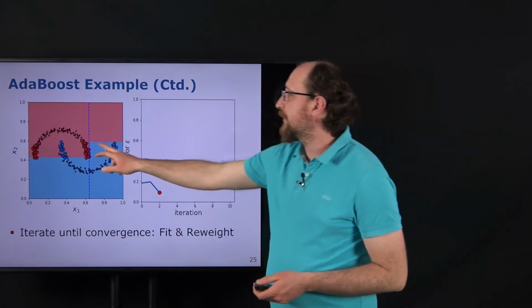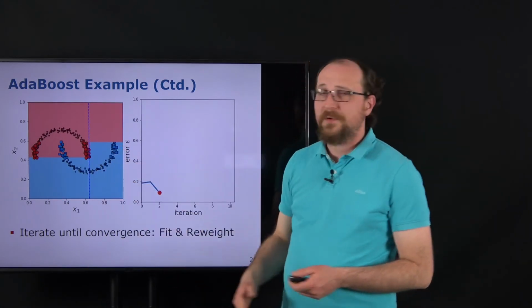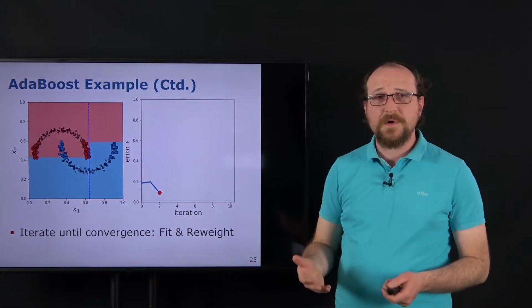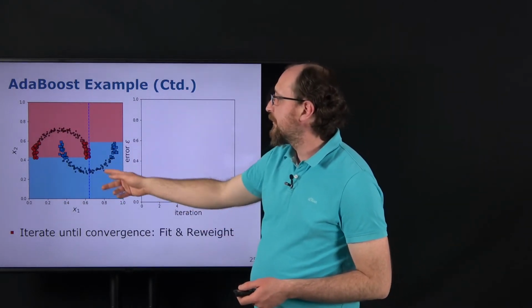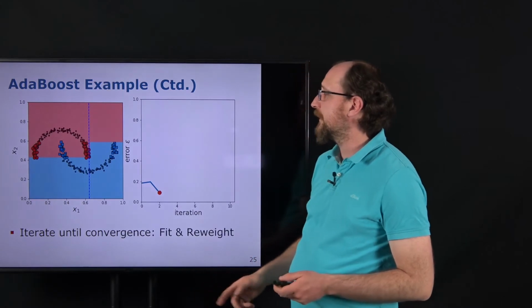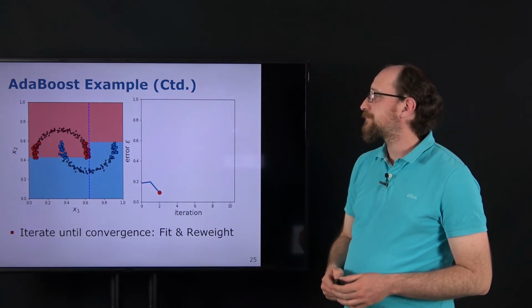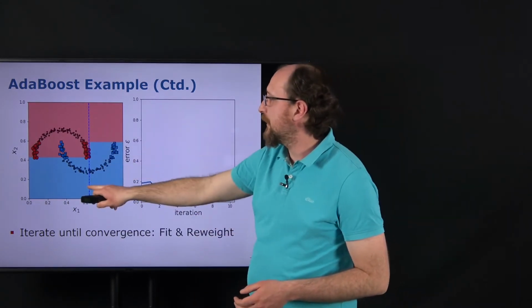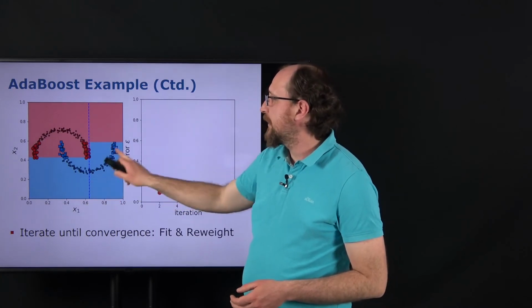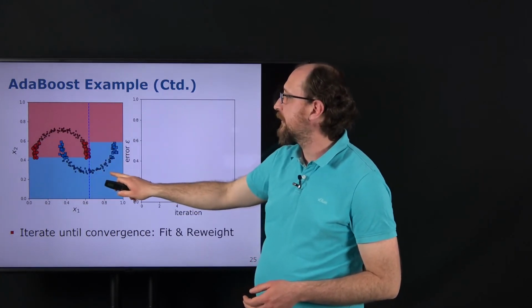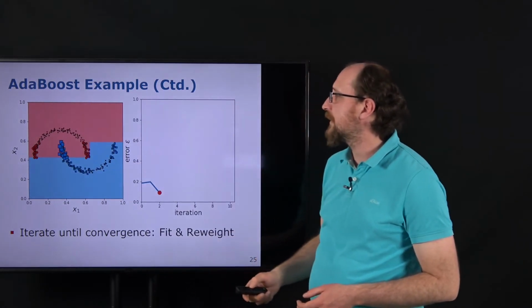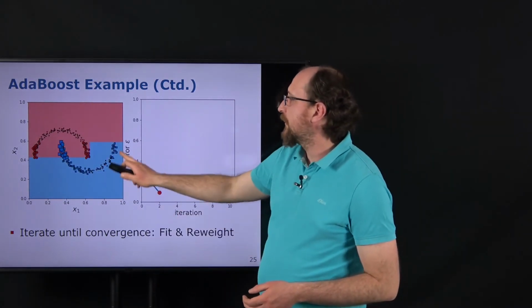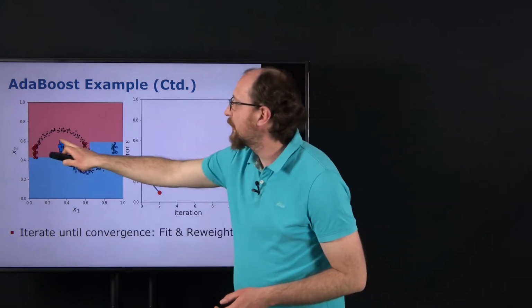Because we have now the ensemble of the different models, these blue points are now correctly classified in the end. With the split, you see here, these points are all correctly classified. Here these points are not correctly classified. As you can see now, the weight is decreasing for these points, but increasing for these points.